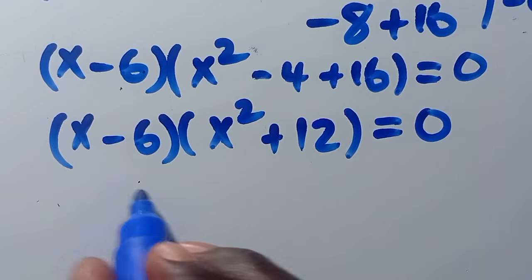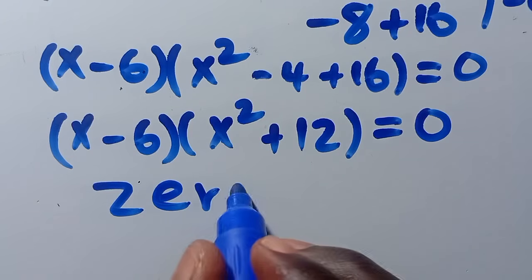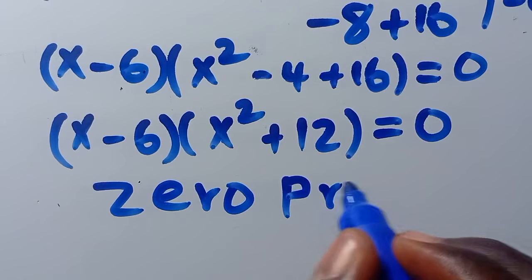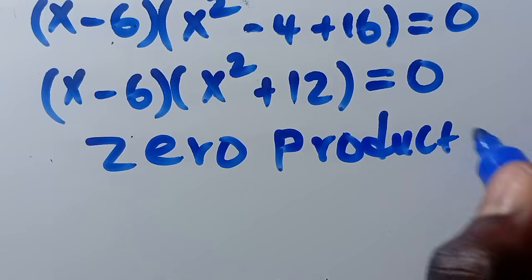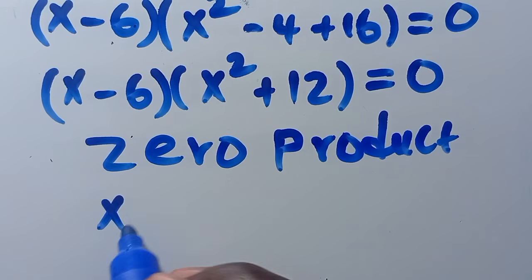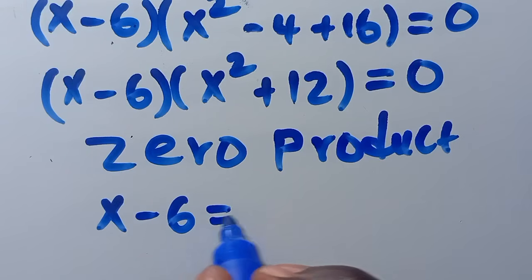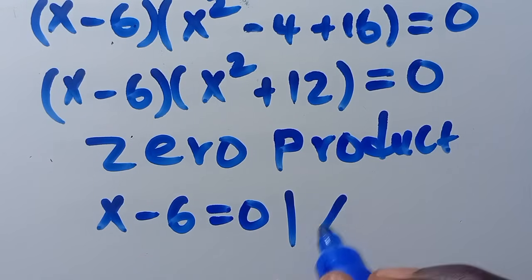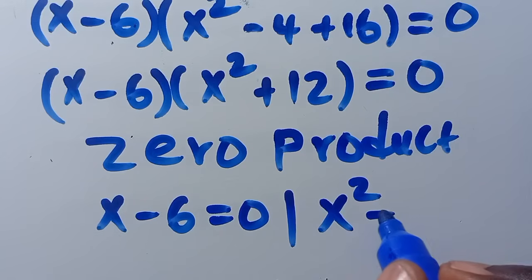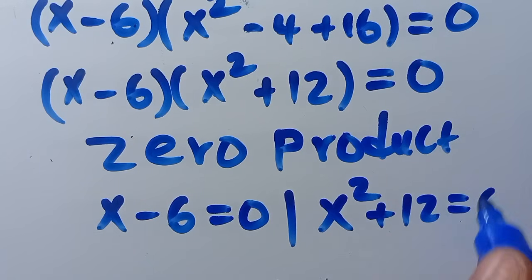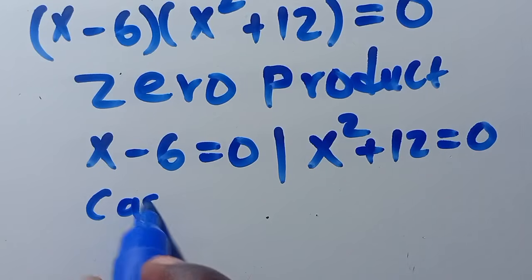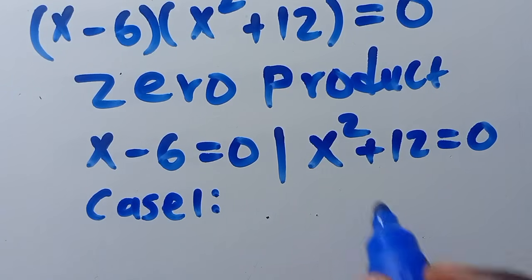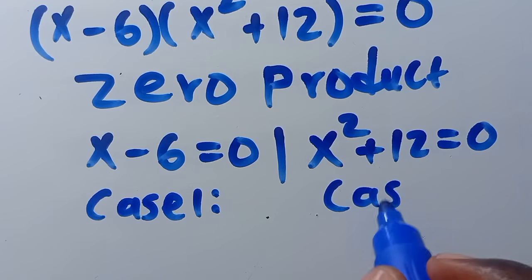Then we have to apply the zero product rule. Either x - 6 = 0, or x^2 + 12 = 0. If we define them separately, let this be case 1, let this be case 2.